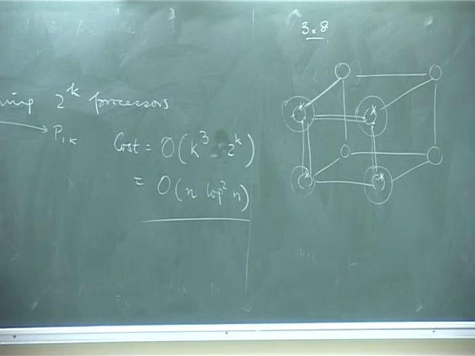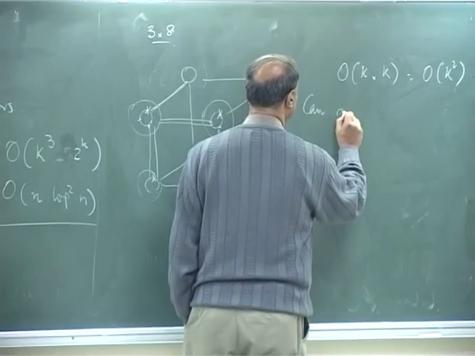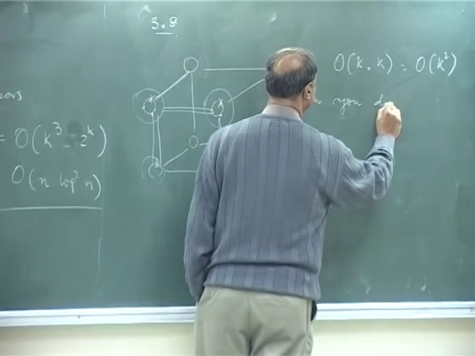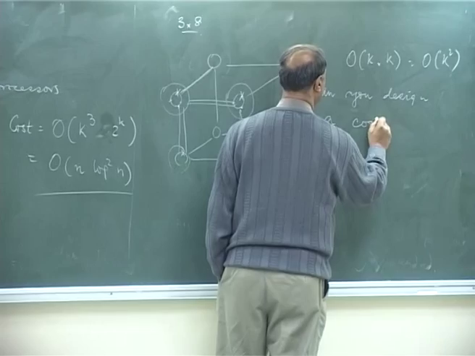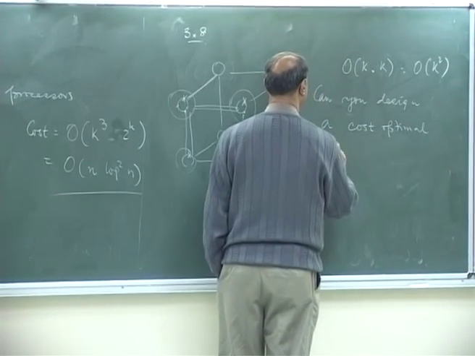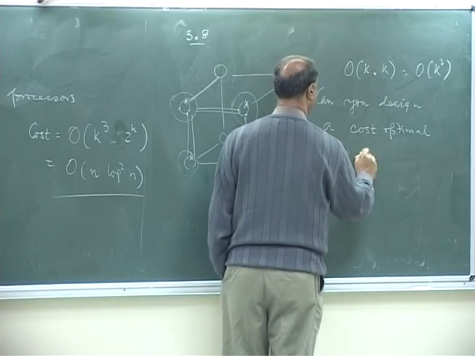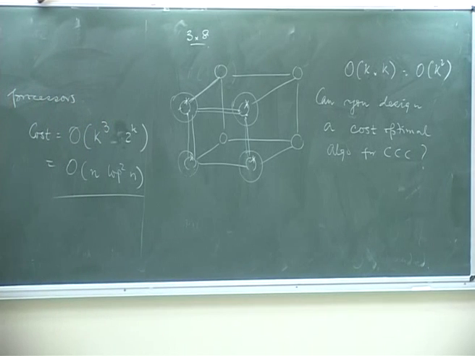Now the problem is, can you design a cost optimal algo for this? So that is the thing you have to now think. Is it possible to design a cost optimal parallel algorithm on cube connected cycle?